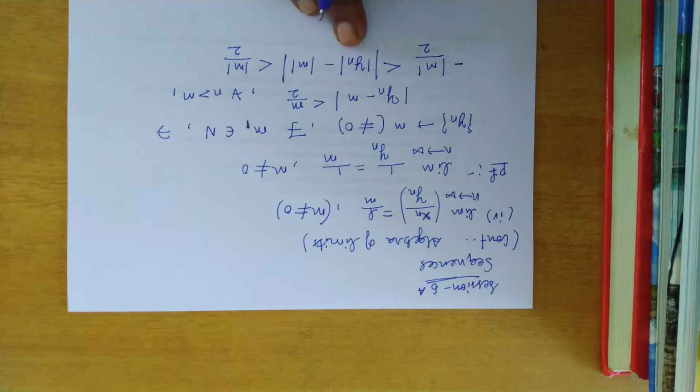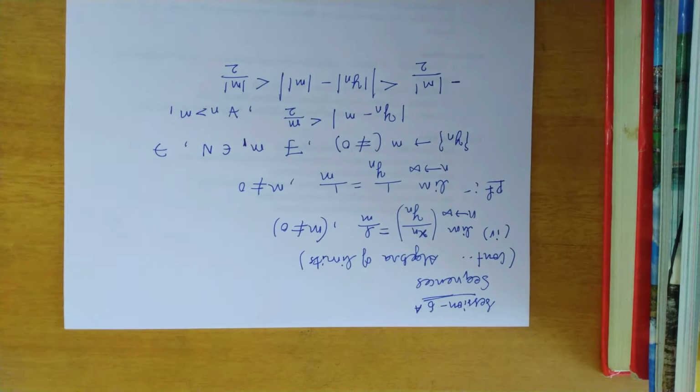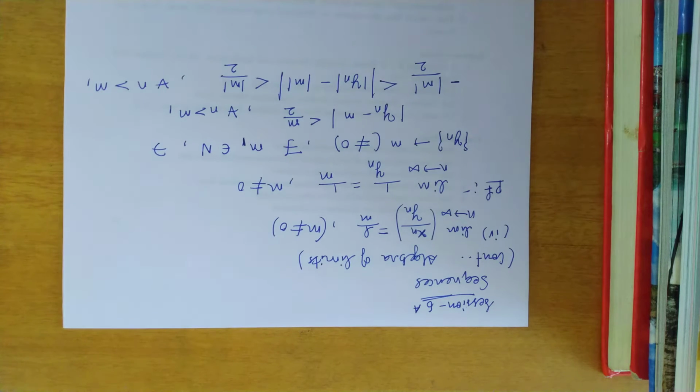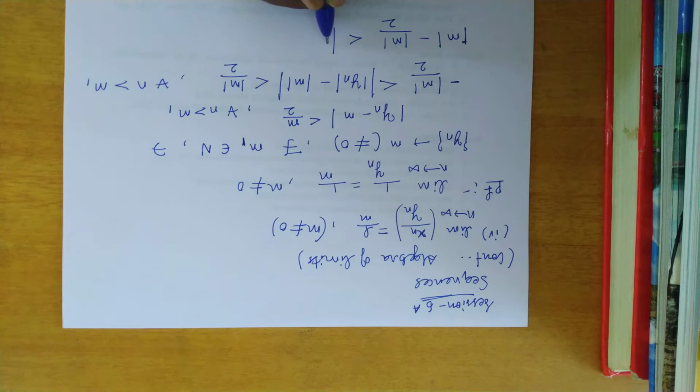Now adding modulus of m throughout, again this is for all n greater than m1. So here it will be modulus of m minus modulus of m by 2 is less than modulus of yn is less than modulus of m by 2 plus modulus of m.